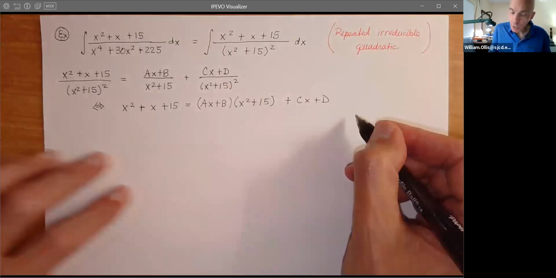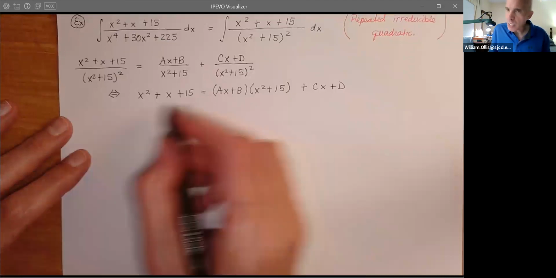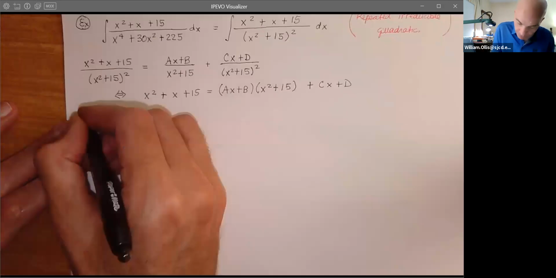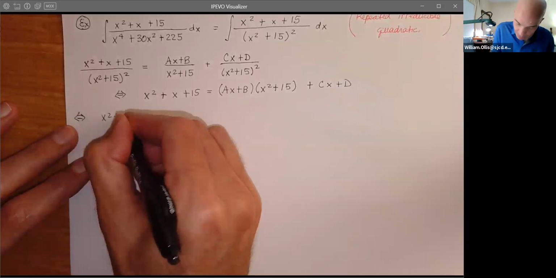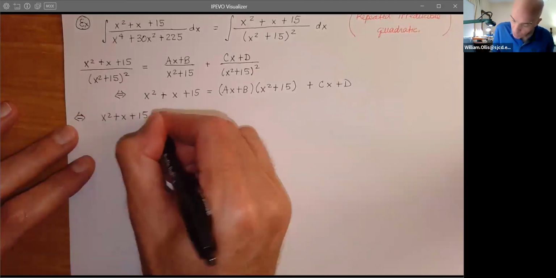Now, what I would do here is go ahead and clean it up like we did before, and then we can use 0, and then we can differentiate. So first, equivalently, x squared plus x plus 15 equals, so go ahead and multiply this out.